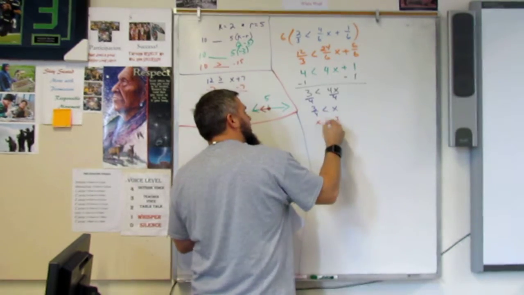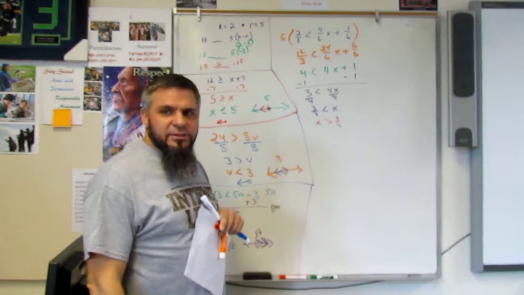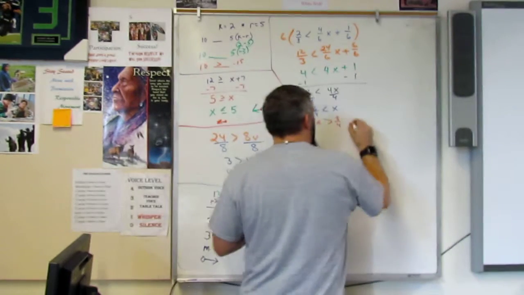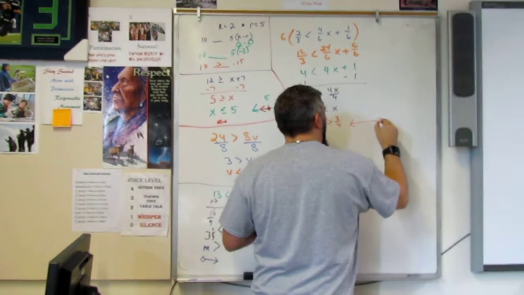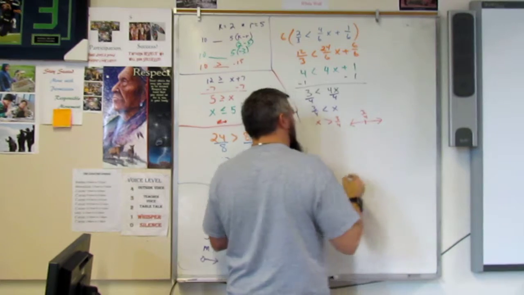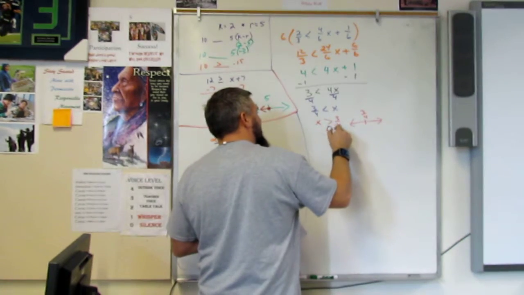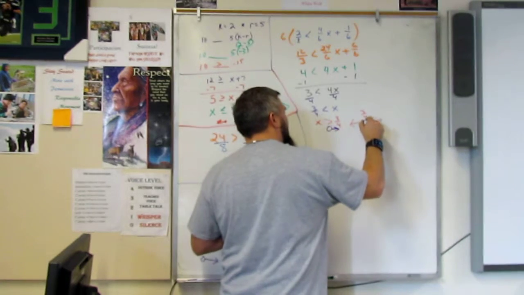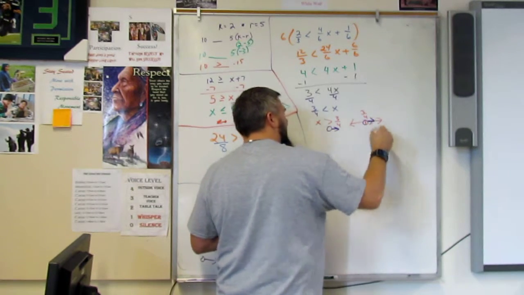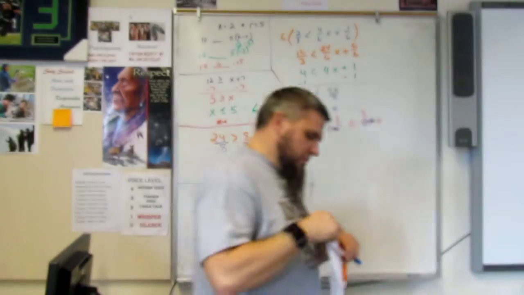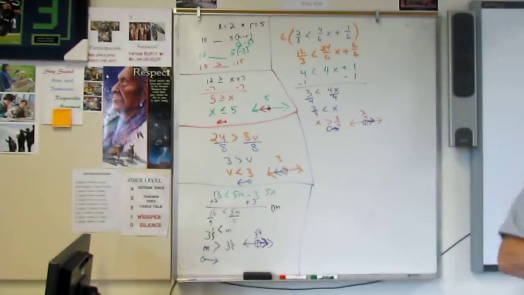So this is going to continue to point at the 3/4. And then over here, I put 3/4, and I know that this is an open circle and it's going this way. So it's an open circle and it's going this way. Done deal.